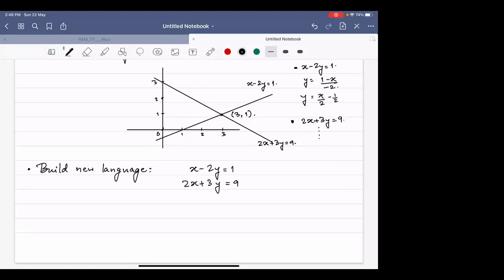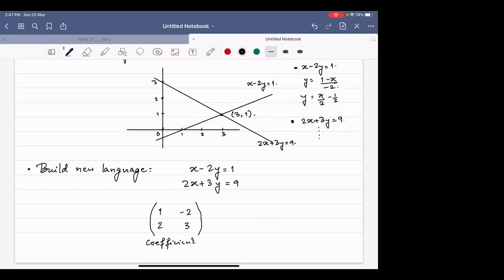The coefficients of x and y, I'm going to collect in rows and columns. So the first equation I'm going to write as 1, minus 2. These are the coefficients of x and y, right? And in the second equation, the coefficients of x and y are 2 and 3 respectively. These coefficients I'm going to collect in this coefficient matrix.